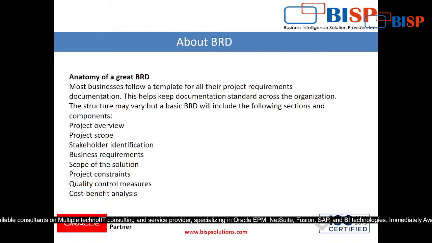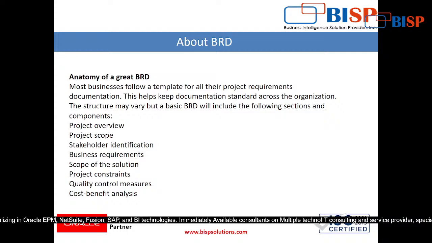Secondly, project scope. Project scope means, see, whenever we implement something in a project, then we have to show the in scope and outscope. Now, project scope is what we are going to provide. For example, let's take an example of order to cash, right?